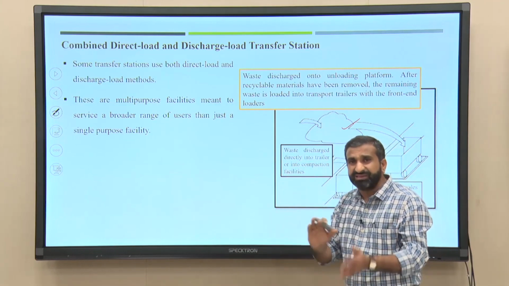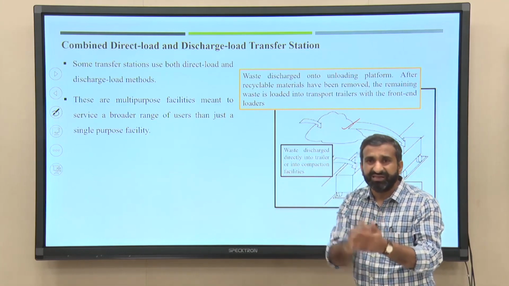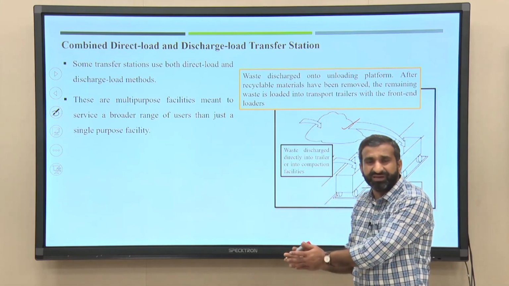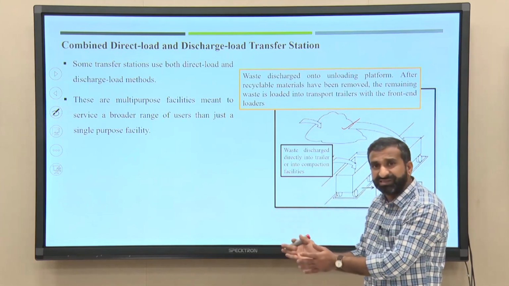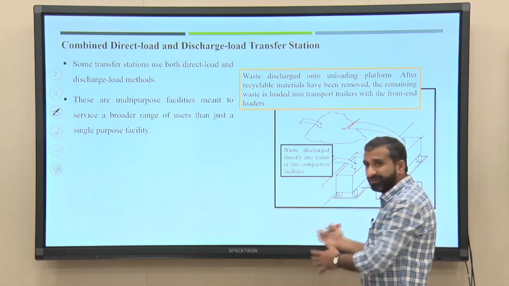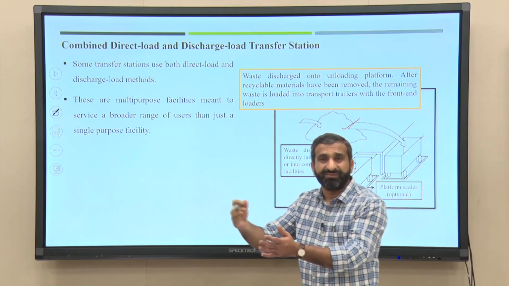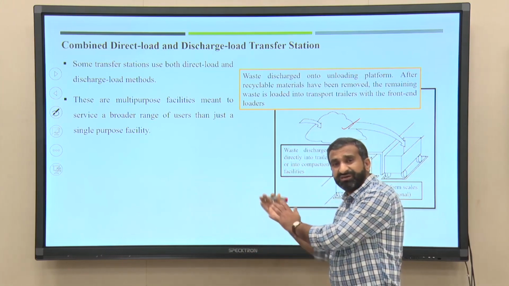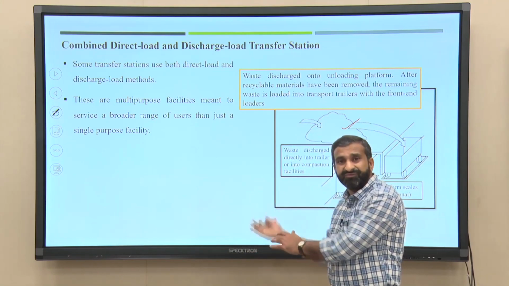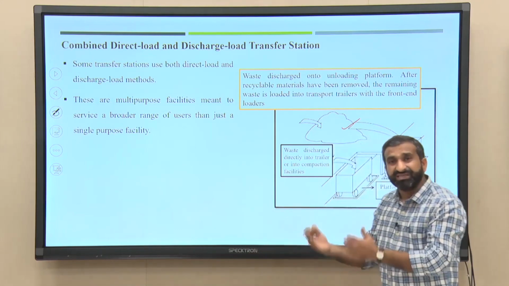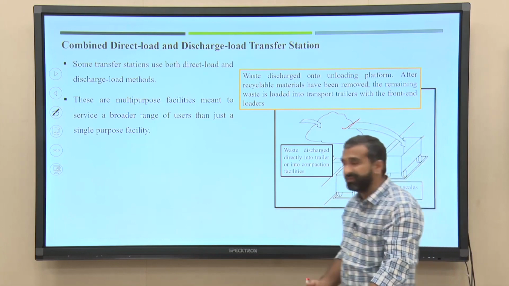So, we can plan in such a way that the wet waste is loaded directly into the larger vehicle without compaction facility, and the dry waste, after segregation of recyclable matter, goes to the larger container with compaction facility. Because of that, we can increase our collection efficiency.